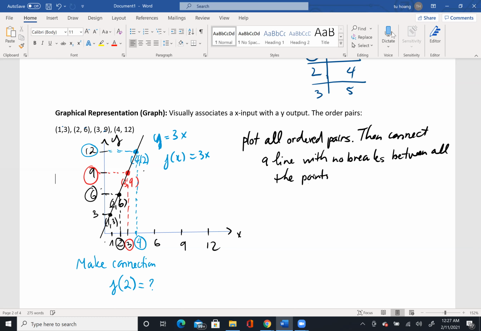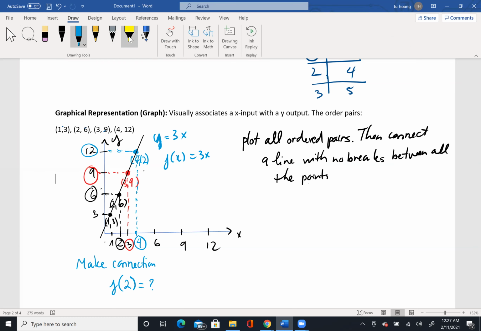What you do is use x equal to 2, and look at x equal to 2 here. You see the point on the graph and look for the y value of that point. That is 6. So that is the value of f of 2, which is equal to 6.